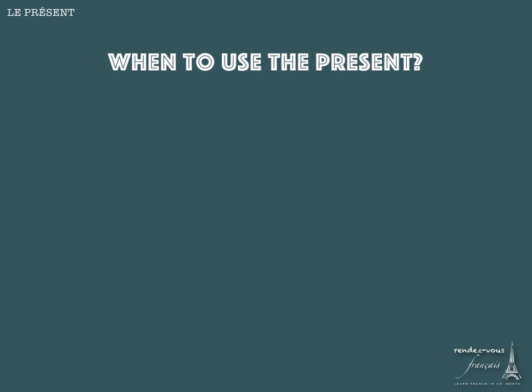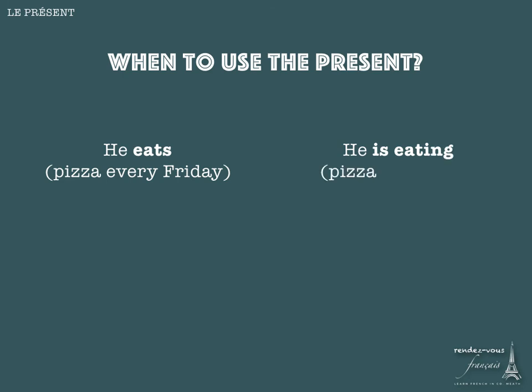So we're just going to finish up with when to use the present tense in French. In English, you have two types of presents. You can say he eats pizza every Friday, or he is eating pizza right now. Okay, you have the present continuous, he is eating, and the present tense, he eats.